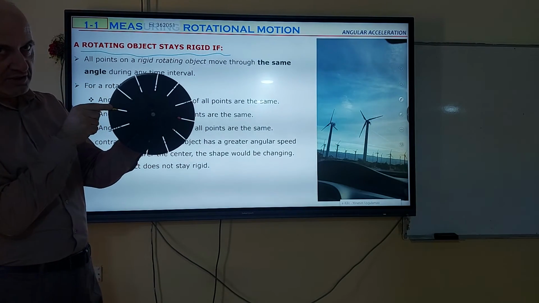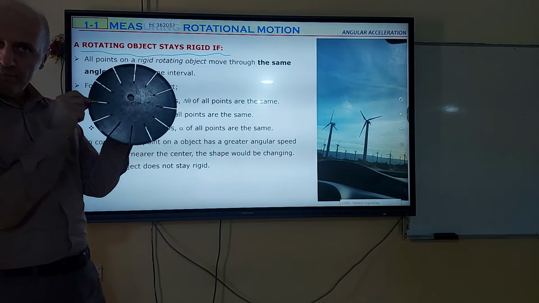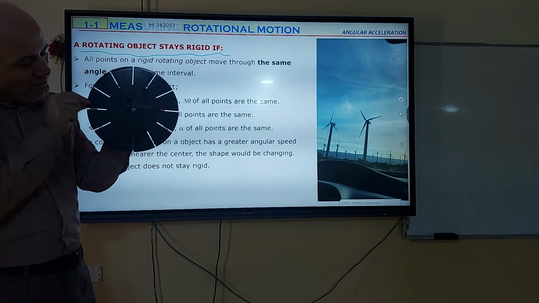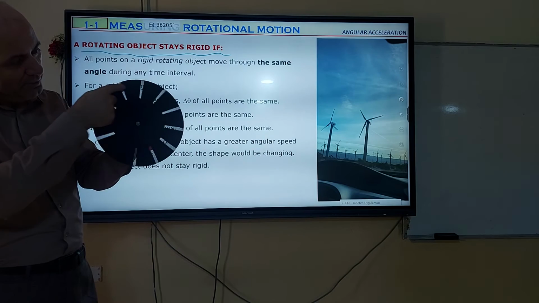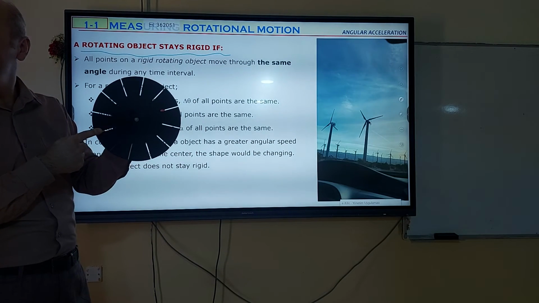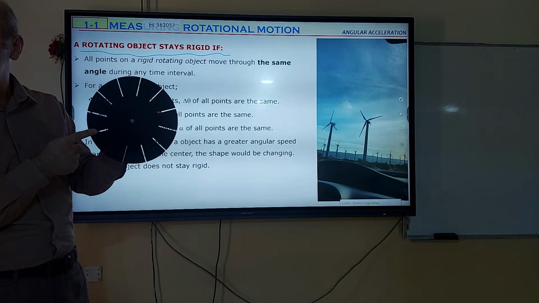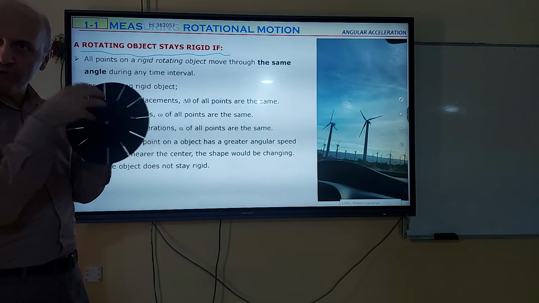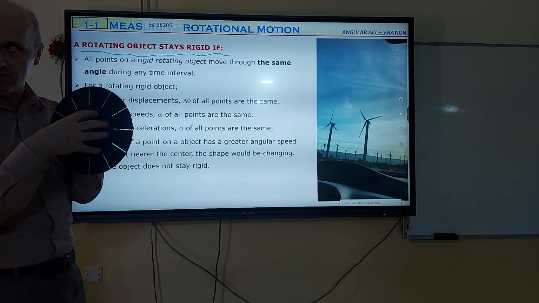Let's check it. I'm just looking at the orange one, then you check the pink one. The orange one will complete one revolution. What about the pink one? Same. It doesn't matter how many papers you insert in this disk, you will observe the same thing.